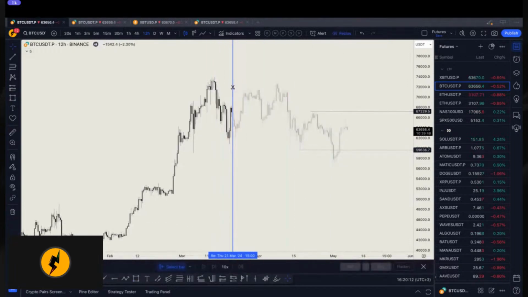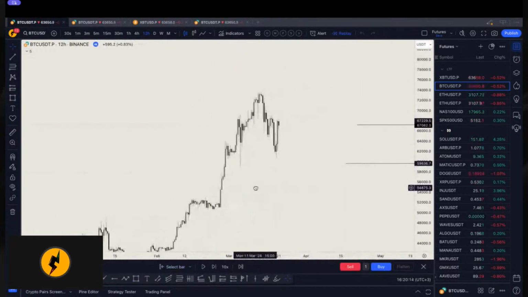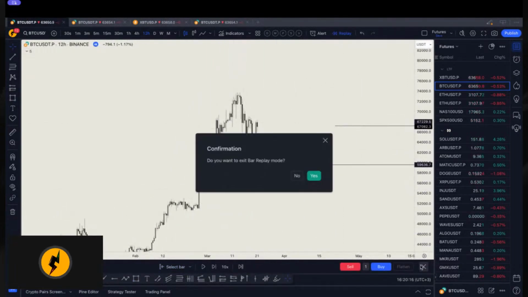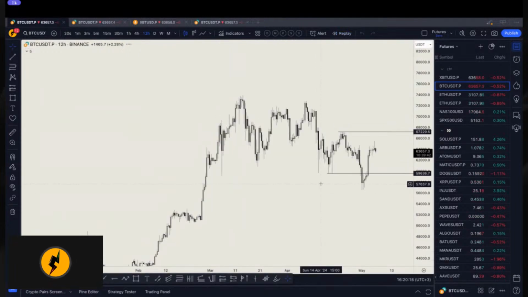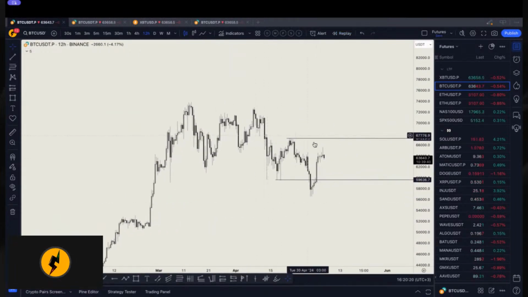Let's say we are here, and you want to mark the range. Another thing I see a lot of people on Twitter do is share the ranges on their charts after they're formed. But those ranges are not useful, right? Because you need to trade the bottom and the top of the range.